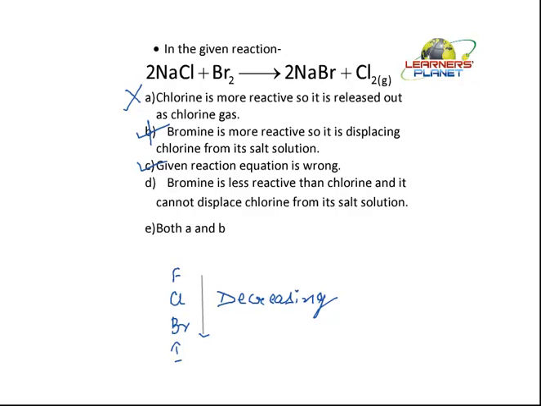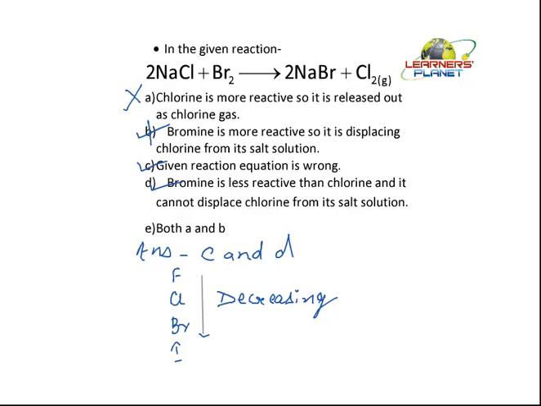Our next option is that bromine is less reactive than chlorine and it cannot displace chlorine from its salt solution. So this is also correct. So what will be our answer? Our answer would be C and D. One more option should have been given here. So both C and D are correct.